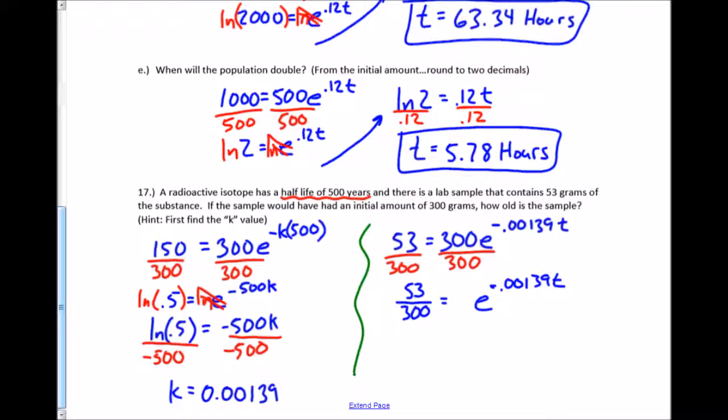And now from here, I'm going to take the natural log of each side. So again, I'm still going through the same process that I have in the past couple examples. I'm just going to be plugging this fraction into my calculator. And now I divide.